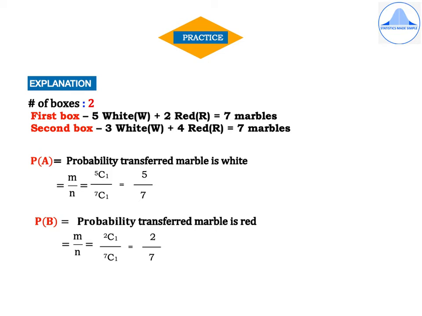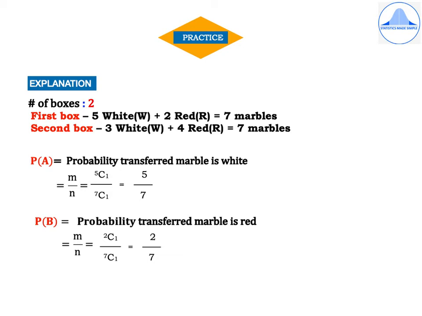So going back to P of A, this probability transferred marble is white. Use the formula M divided by N. Now in the first box there are only 5 white and you have to transfer 1. So it is 5C1 divided by the total marbles are 7 and you have to transfer 1, so 7C1, which is equal to 5 divided by 7.